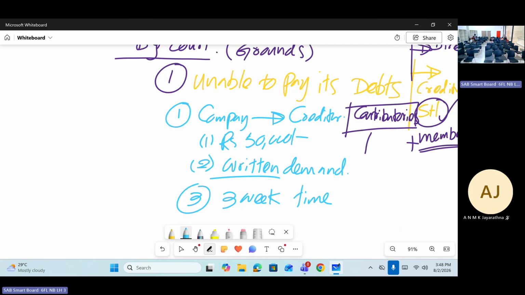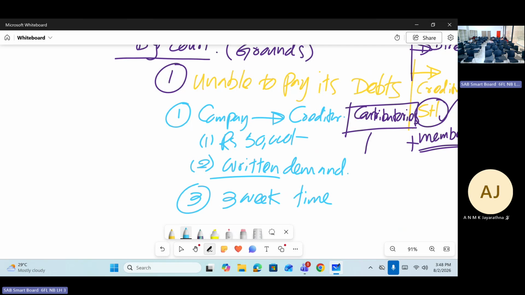Under the winding up process, the company has to collect the assets, realize them, and thereafter out of the proceeds, settle the creditors. By that way, the creditor can recover the amount. This is the main objective. If the company is not settling the money, by disposing the assets of the company in the liquidation process, he can recover the money.